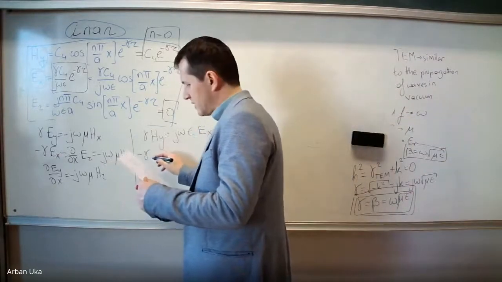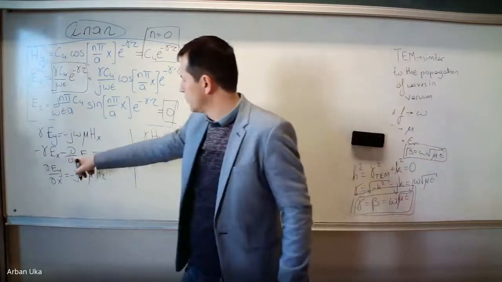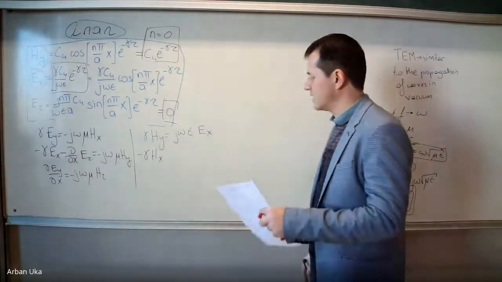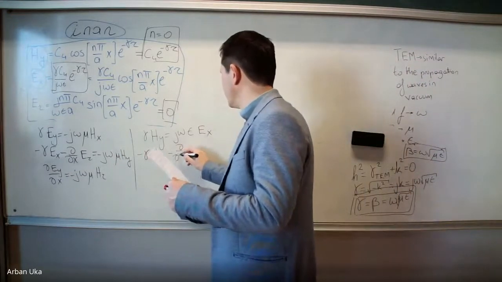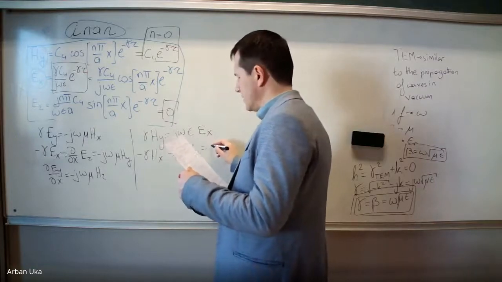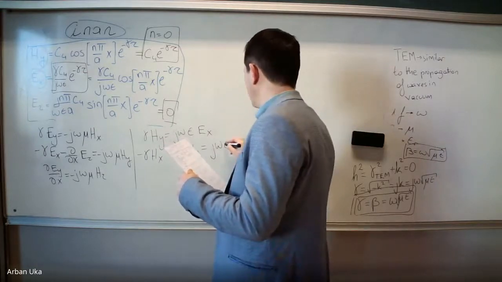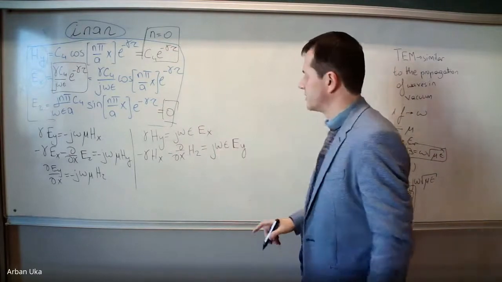Let's continue here. This is minus gamma HX. Again, as we're writing this, you can always keep an eye on the previous equations and see how similar they are. Minus gamma HX minus the derivative with respect to x of HZ. This is equal to j omega permittivity EY. Again, how much different are they?